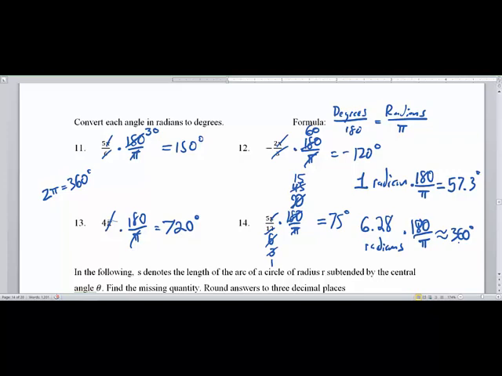There's about 6.28 radians inside of a unit circle, but 6.28 radians is another way of saying 2 times 3.14, and 3.14 is another way of saying pi. So 2 pi radians is equal to 360 degrees.